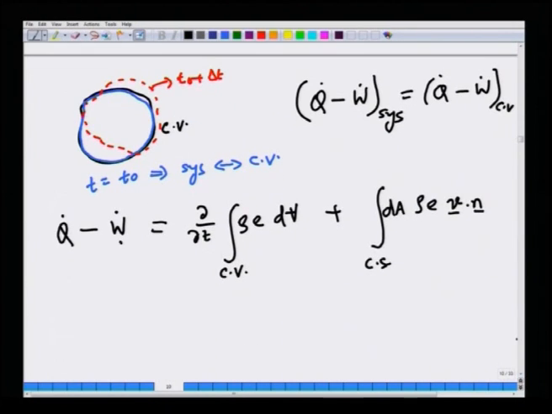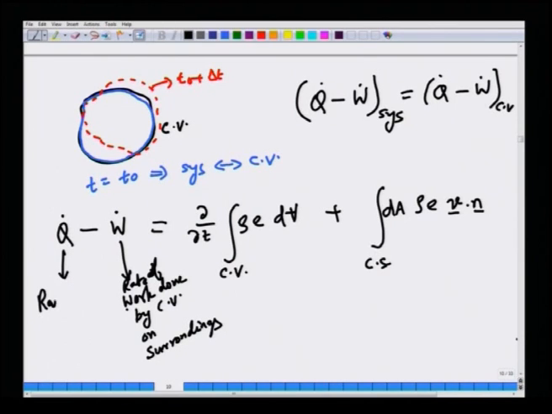Now, w dot is the rate at which work is done by the CV on surroundings, and q dot is the rate at which heat is transferred to the CV.